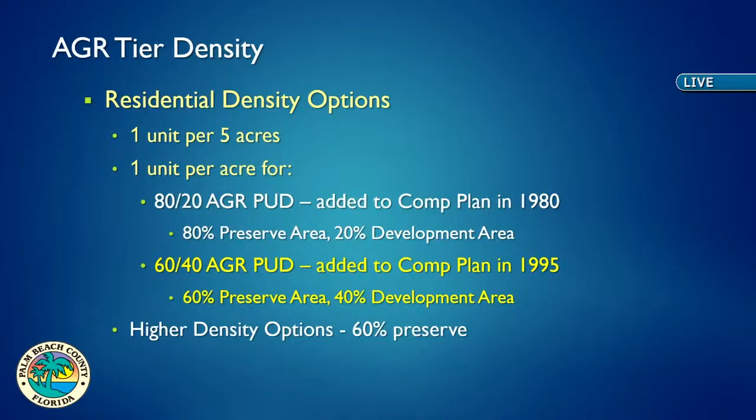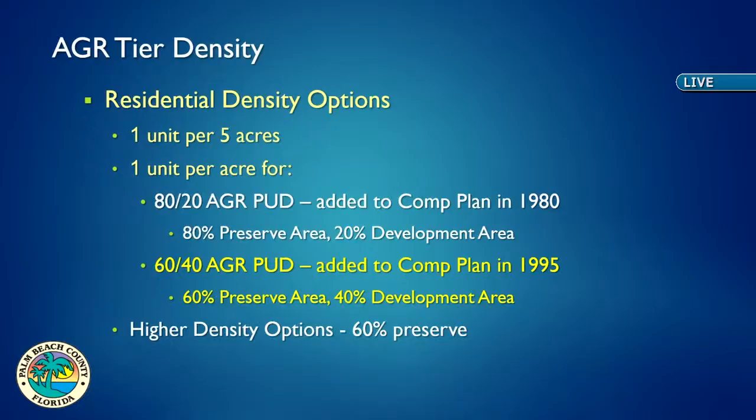As previously mentioned, one of the methods for preserving land is through the preserve requirements for new development. The base density is 1 unit per 5 acres. The residential plan development options, however, allow for a higher density at 1 unit per acre, with the units clustered on the development area with a preserve set aside. The 80/20 AGR PUD is one option, which allows for a 20% development area and 80% as preserve. Only one development, approved in 2000, developed under this option.